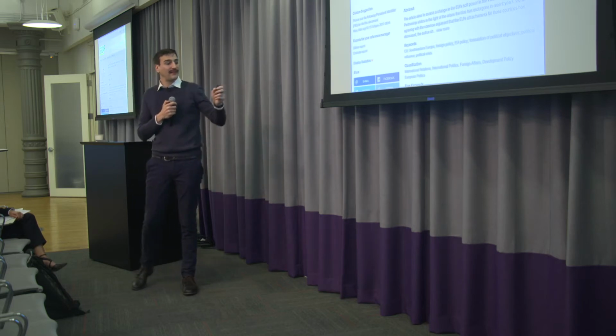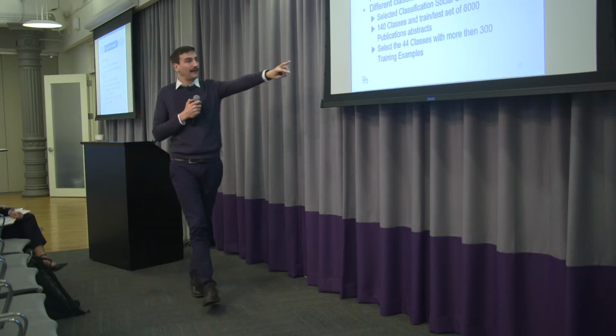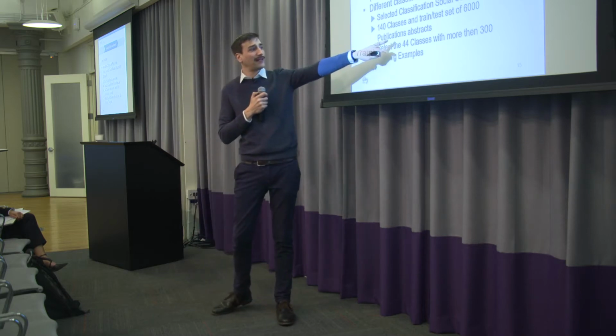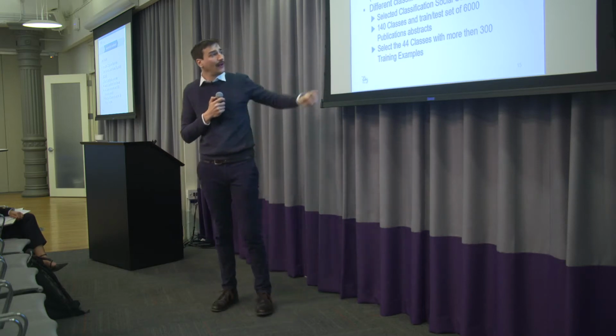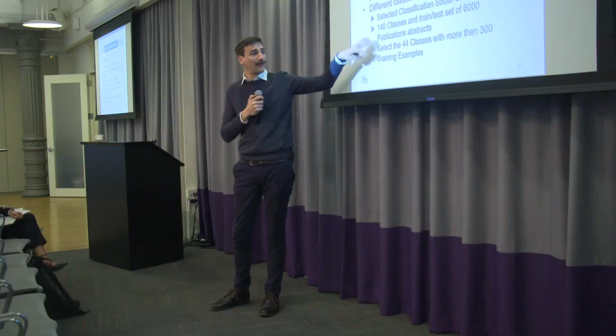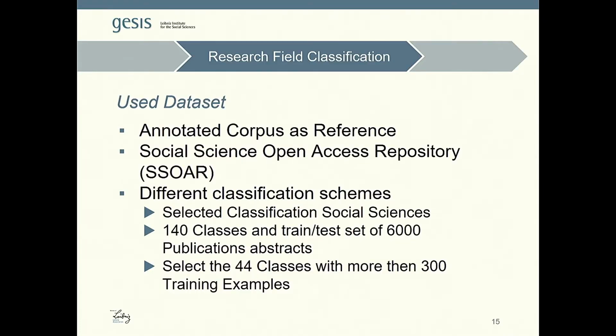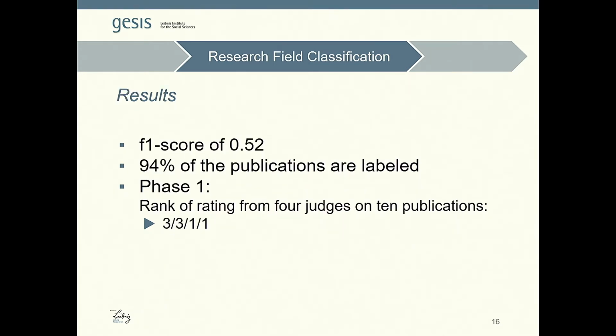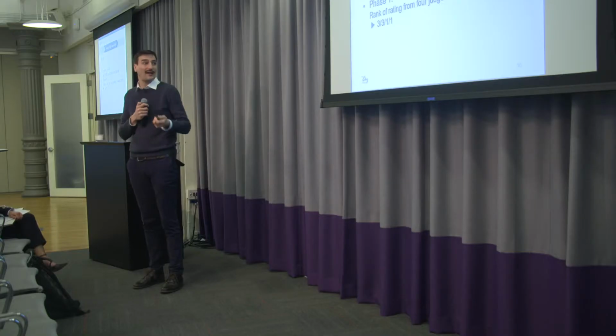So we used this data, which was like 6,000 publication abstracts in English language with 140 classes, and reduced them to the labels which occur more than 300 times in our test and training set, trained a classifier on it, and got an F1 score of 52%, which is good for multi-label classification, I think. And we had 94% of publications which are labeled.